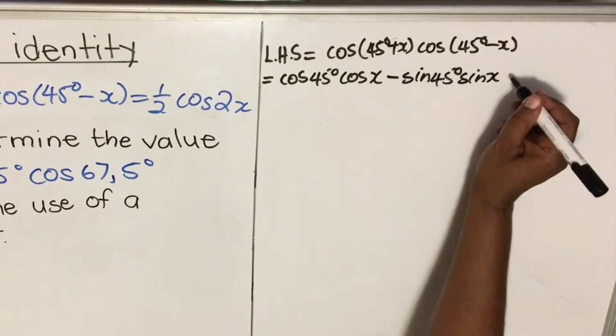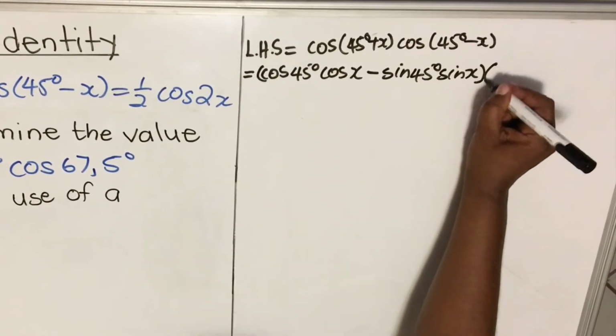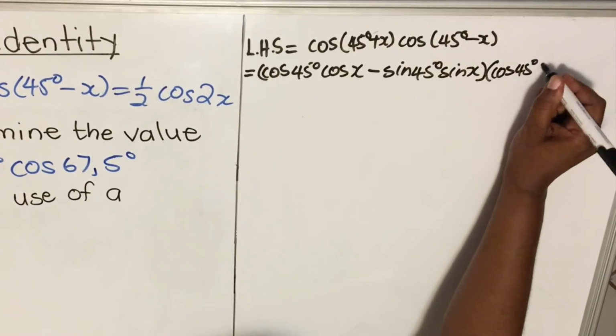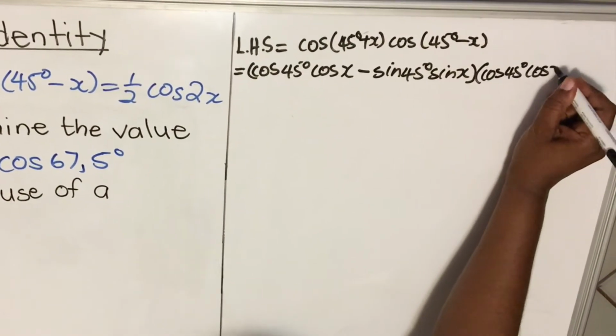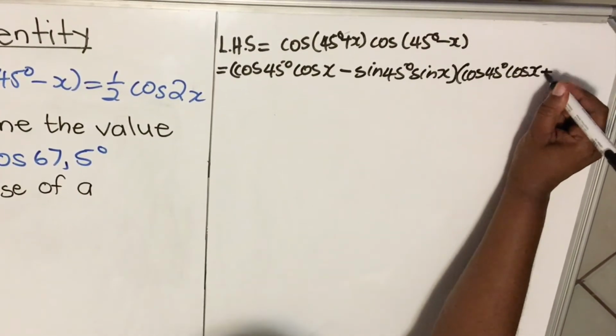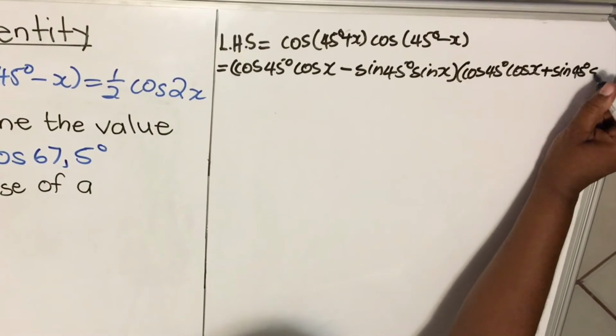This is for the first compound angle, so we put brackets around it. Then for the next one, it's cos 45 cos x, and now it changes the sign. Because it's minus, it's going to be plus sin 45 sin x.